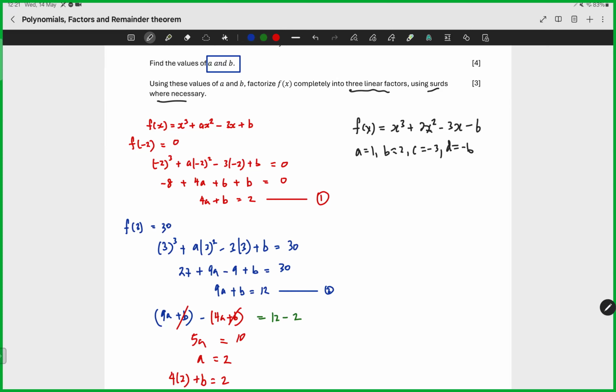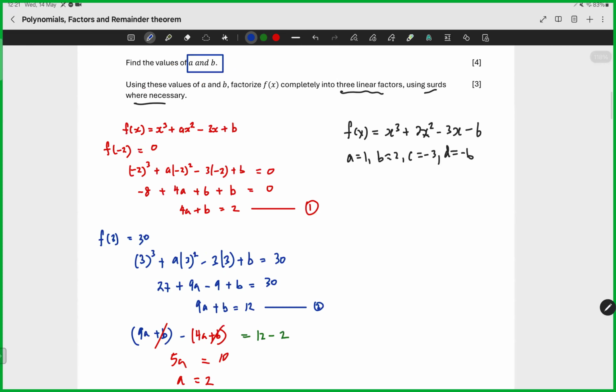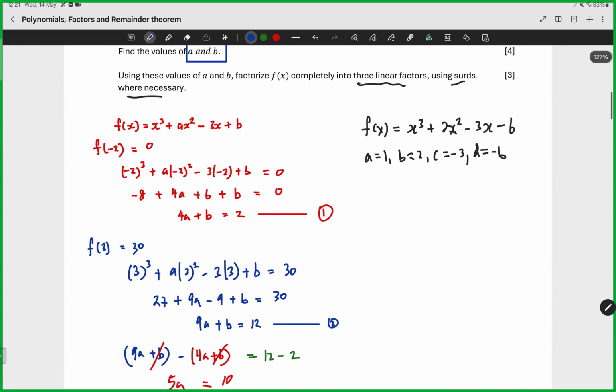Must choose the cubic formula. My calculator shows me one whole integer root, which is x equals negative 2.